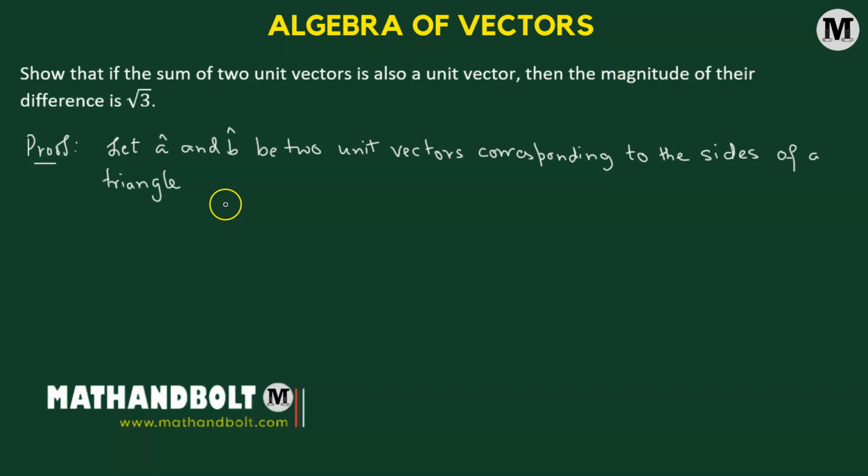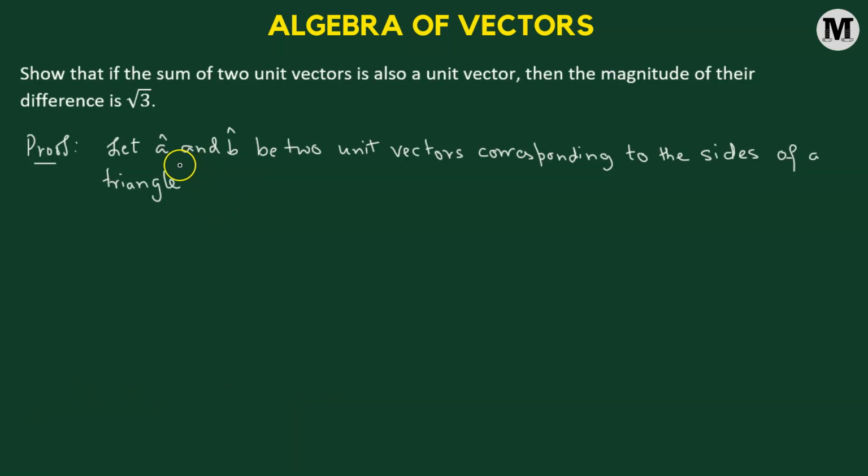Now, by the triangle law of vector addition, the third side is going to be simply the sum of the two adjacent sides. So here we have the triangle ABC. So we'll suppose that the unit vectors a cap and b cap correspond to the sides.